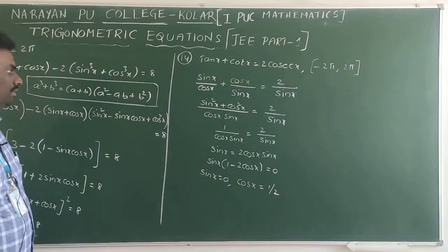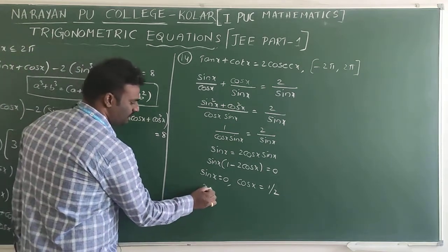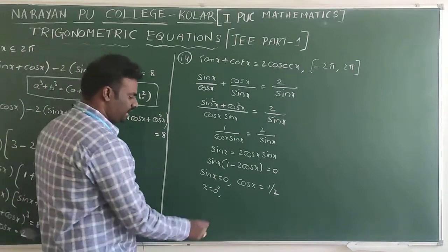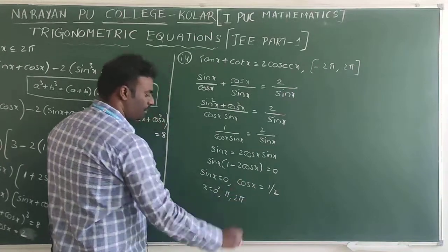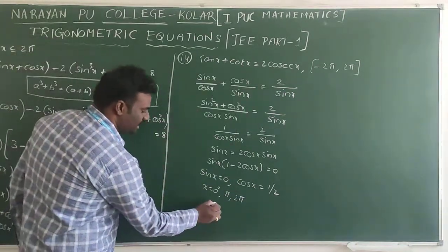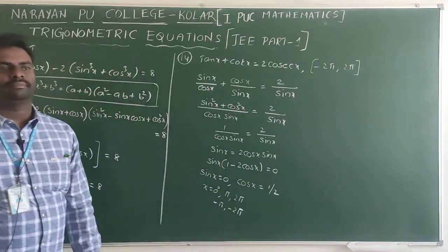Now when sin value is 0: sin 0, 0. Next, sin 180, that is π, and sin 2π. But negative also I can take, because minus 2π to 2π is given. Therefore, I can write minus π, minus 2π.